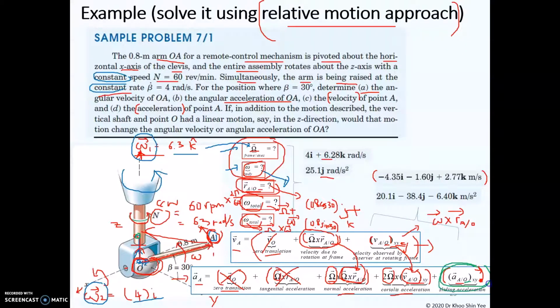Lastly, for this component, you need to imagine yourself at the point O at the rotating frame here, and you observe the acceleration at point A here. Since the OA is due to the omega, therefore there is tangential acceleration and normal acceleration due to the rotation.